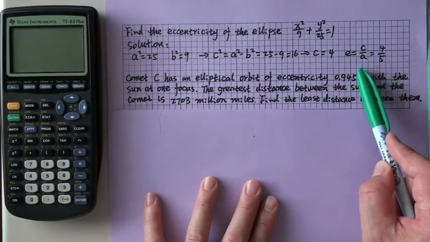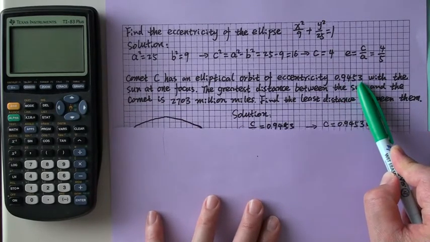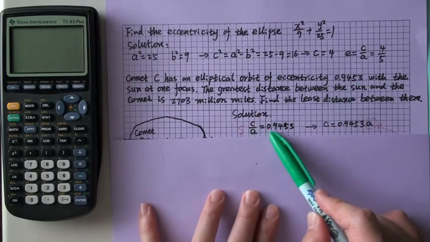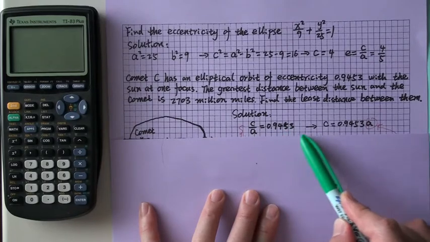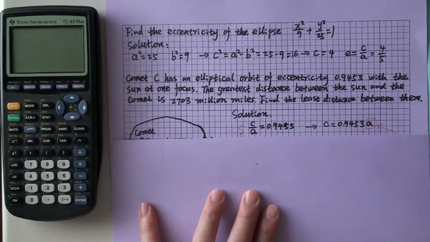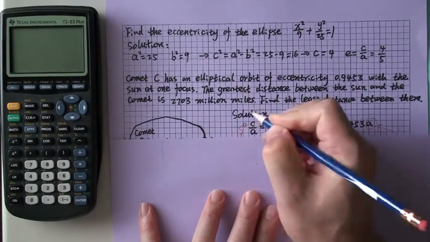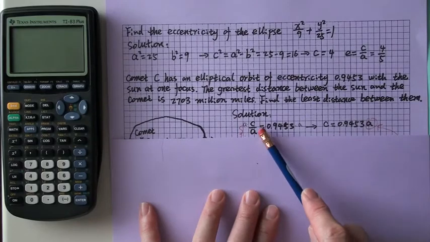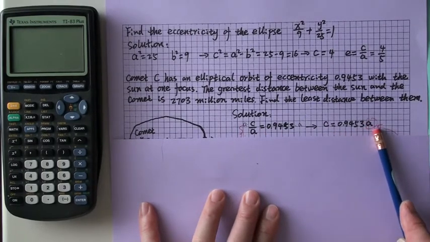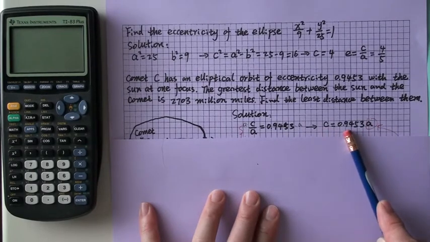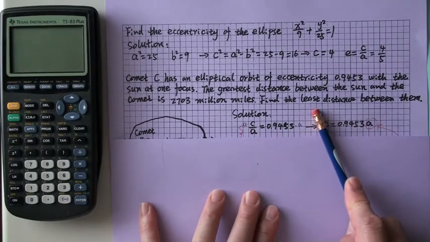So C over A is this ratio, 0.9453. You can multiply both sides by A, cancel the A here, and C stands alone: C is 0.9453A. That's one thing you can find.